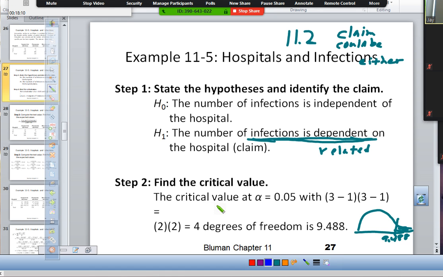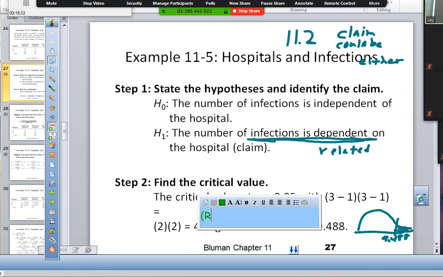Then find my critical value. Okay, let's see, I have 3 rows, so 3 minus 1, 3 columns, 3 minus 1, because remember this is parentheses R minus 1 times C minus 1. So that's where that comes from.